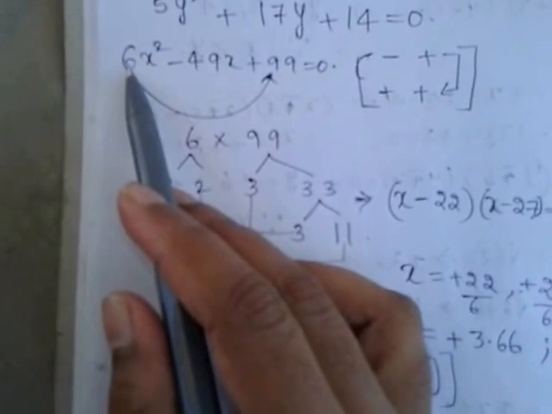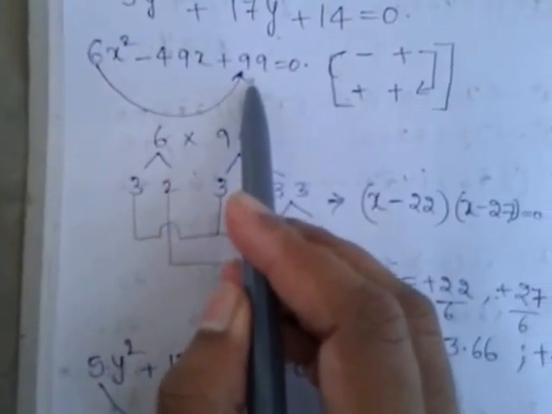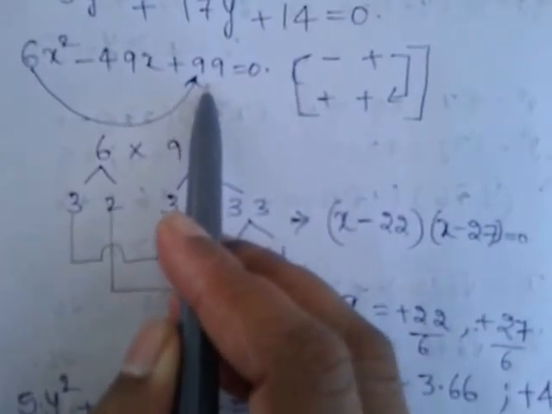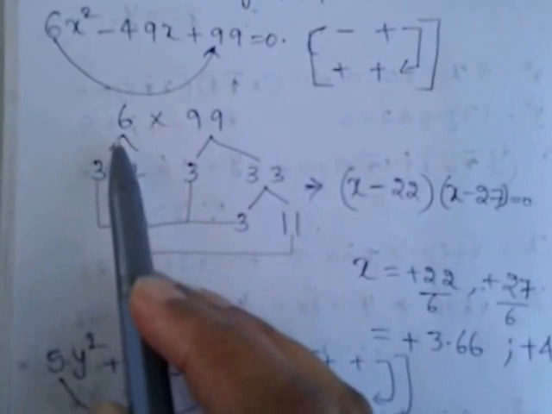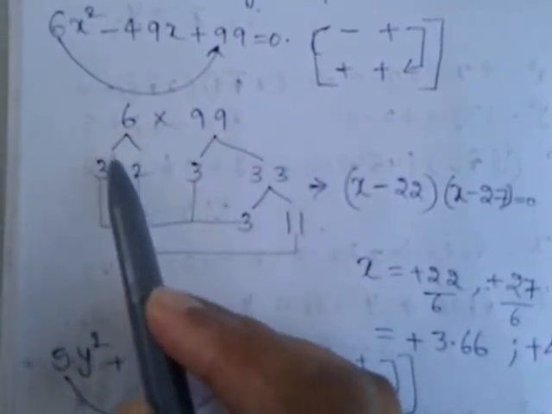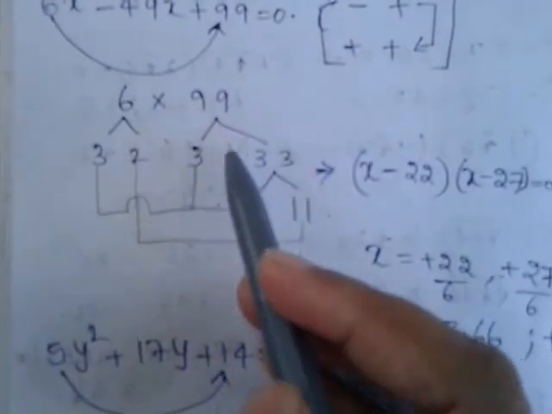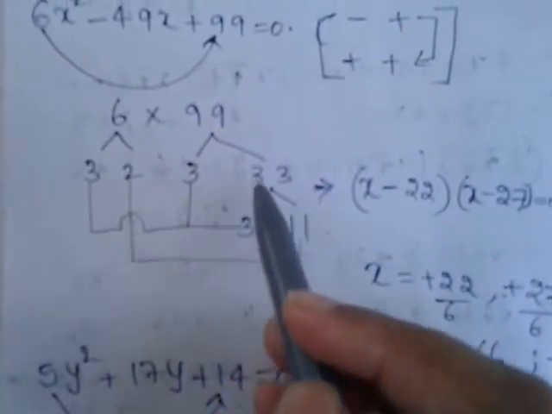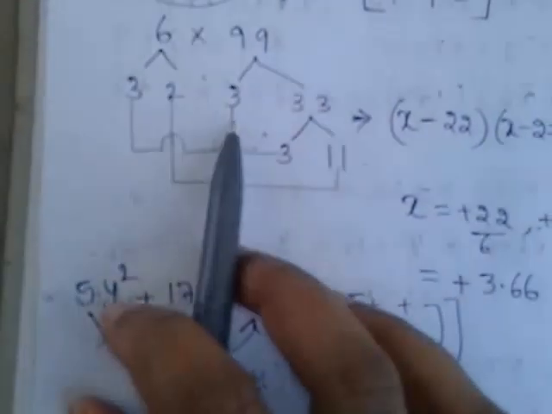See, usually what we will do, 6 into 99 we will multiply first and then we will find the roots, right? Now it is not required. See, 6 into 99, we will find the factors separately. 6 is 3 into 2, and 99 is 3 into 33, and 33 again is 3 into 11, right?